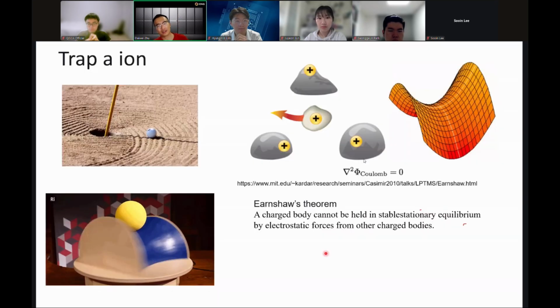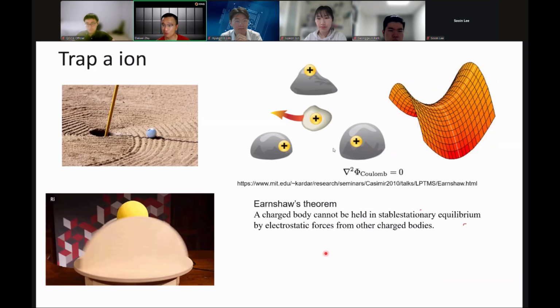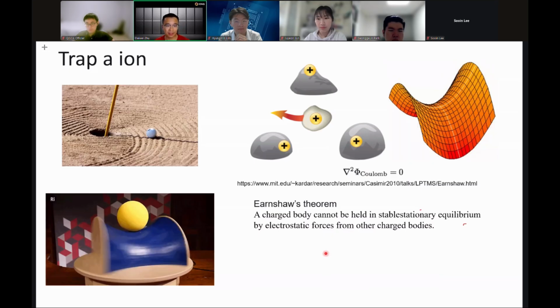So how do we trap an ion? Next, I'm going to dive into some of the core technology pieces of how you trap an ion, and how you do gates. So how you trap an ion, right?